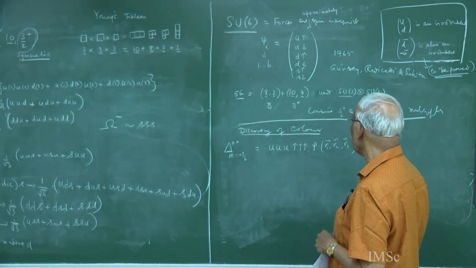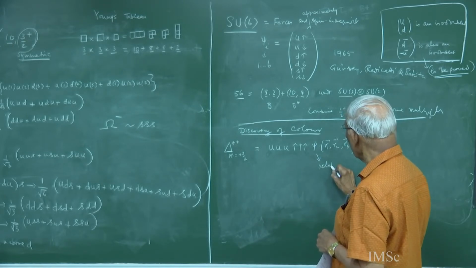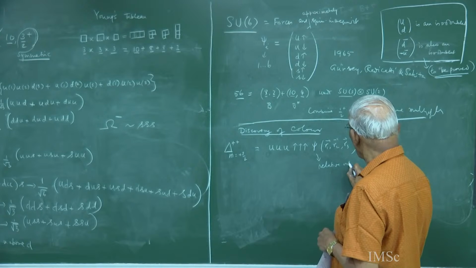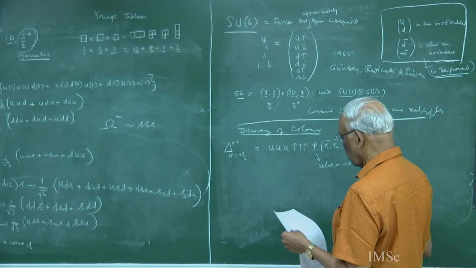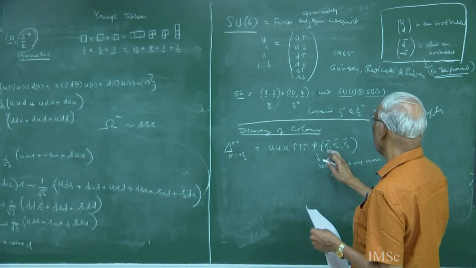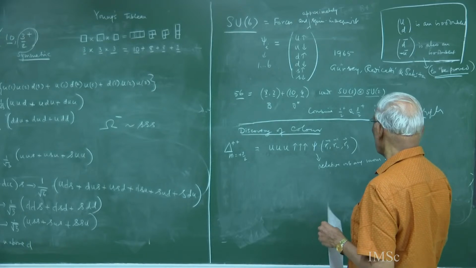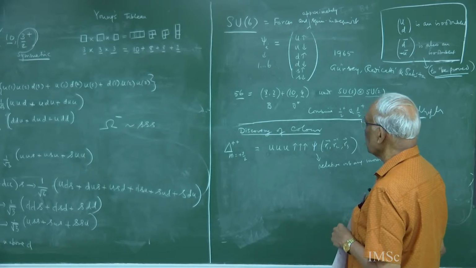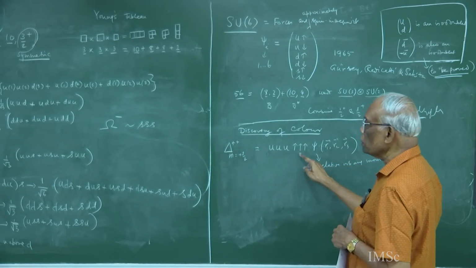Now, let me just make the statement: the relative orbital angular momentum of all these 3 objects is 0, and so the total angular momentum, which is 3/2, comes from spins alone.